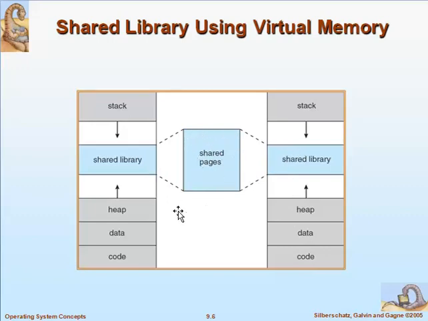This particular set of pages will reside in the physical memory, and these pages are shared by many processes, linked into the virtual address space. Libraries reside in the physical memory and are shared by all the processes.